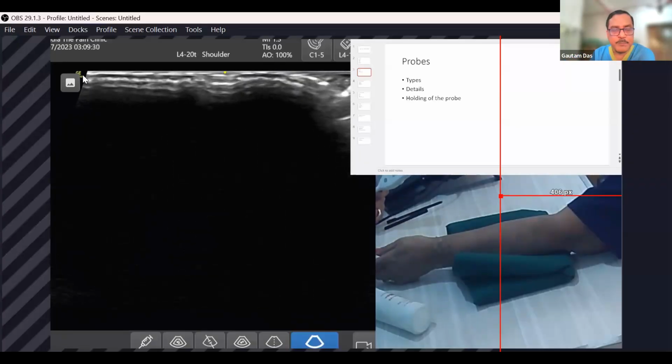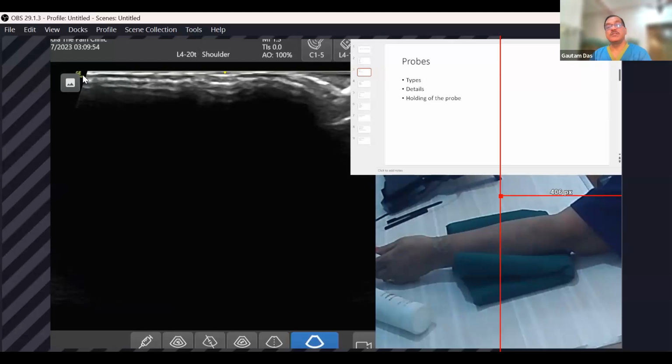So when you're placing it, always keep in mind which side your aspect marker is. Sometimes we tap the gel over the probe, as I just did, and you can see it. But a good practice is always looking at which side the aspect marker is on, keeping in mind that side will be the left side of the monitor screen.